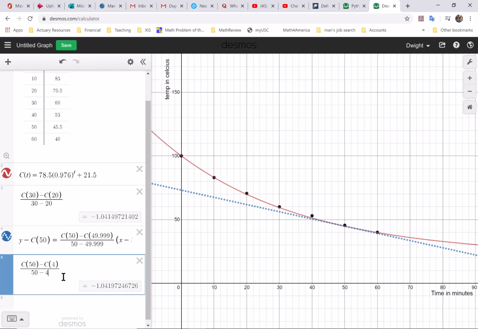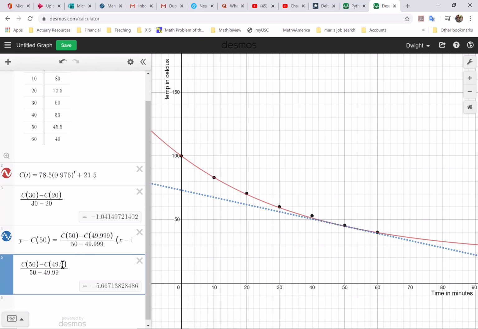So the average rate of change between 40 and 50 is negative 0.6. If I get closer to 50, we get negative 0.601. If I get even closer, we get negative 0.5729. If I get even closer, we get negative 0.566.